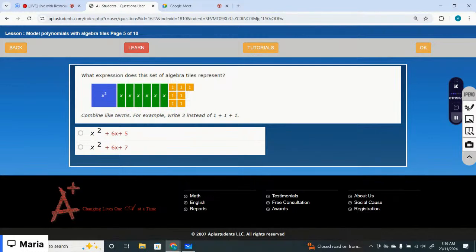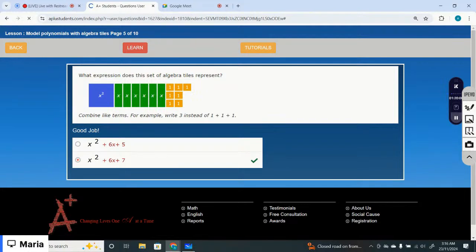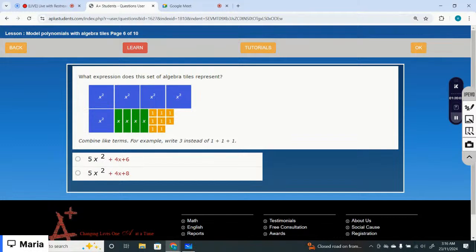It is x square plus 6x plus 7. Option number 2 is the correct option. What expression does this set of algebra tiles represent?